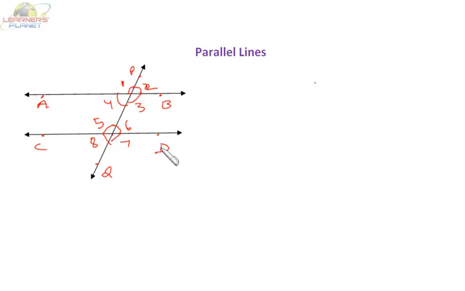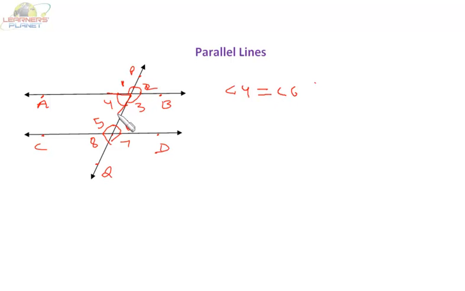If two parallel lines are intersected by a transversal like this, then the angles of each pair of alternate angles are equal. Now how do we find the pair of alternate angles? We can see the shape of Z over here. So angle 4 and angle 6 are a pair of alternate angles, and both of them will be equal in the case of parallel lines.